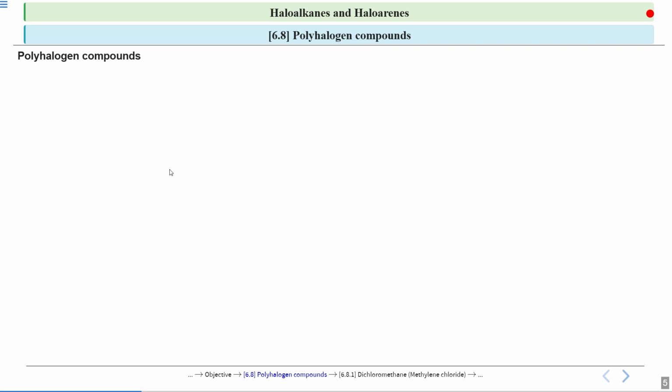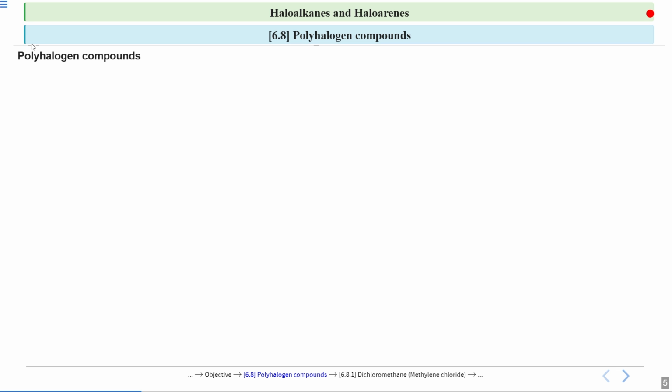So let's start with our first topic, 6.8, that is polyhalogen compounds. Halogen means halogen group atoms. Poly means more than one, or many. Wherever the word poly comes, it suggests that something is in a very large amount.